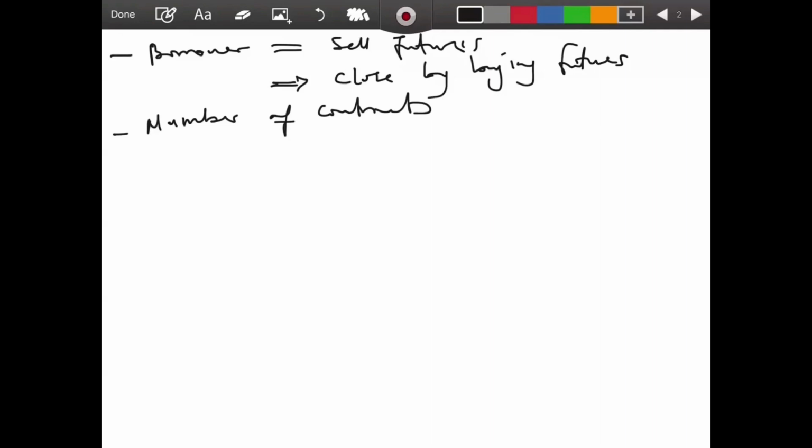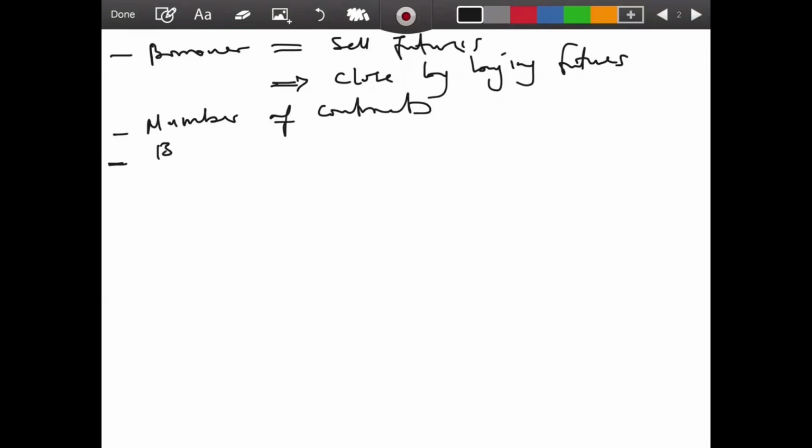The next thing you'll be looking at, for the interest rate futures, most of the time your examiner expects you to use the lock-in rates. So how do you calculate the lock-in rates?